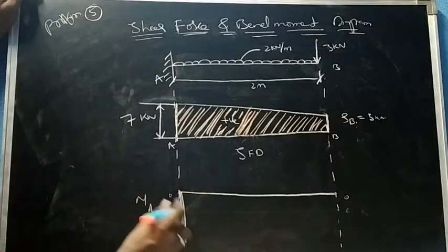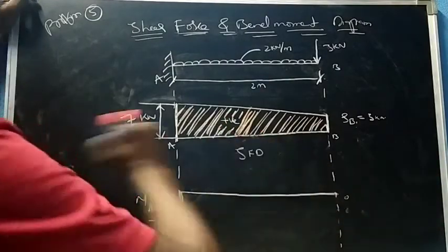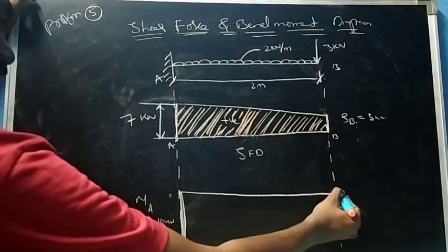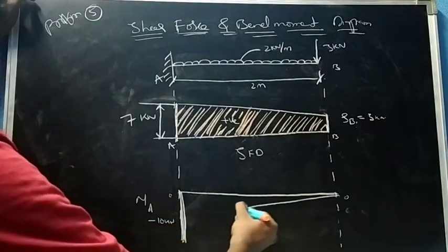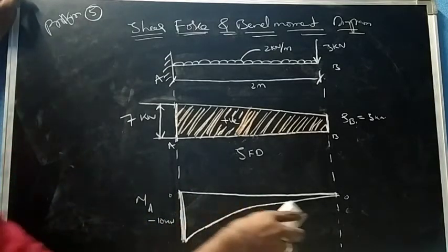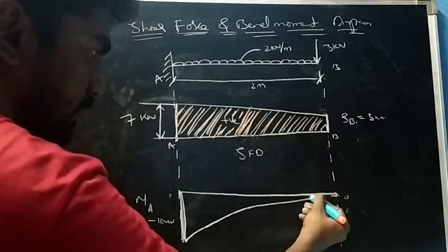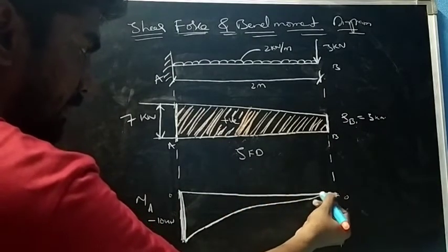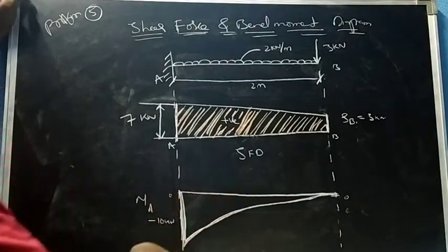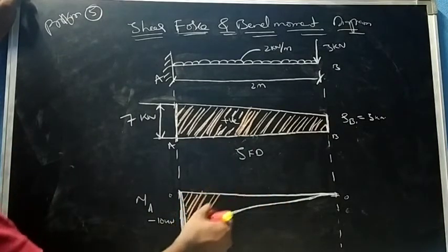Bring this down from the baseline. Then the bending moment at B will always be 0. Just join that freehand like this. Make sure that it touches the baseline. So this is your bending moment, which is negative.